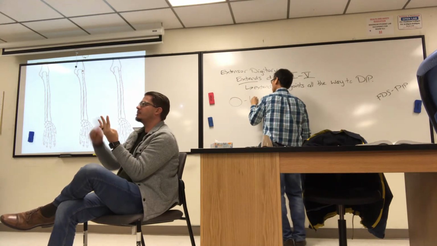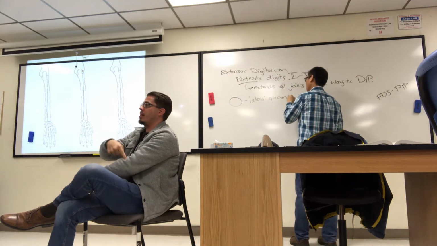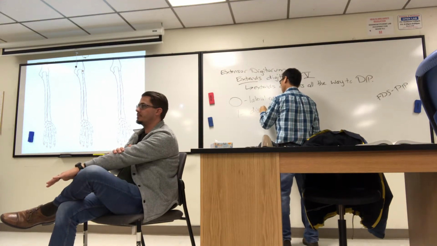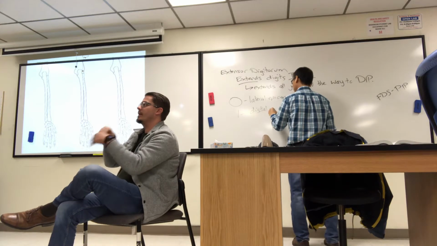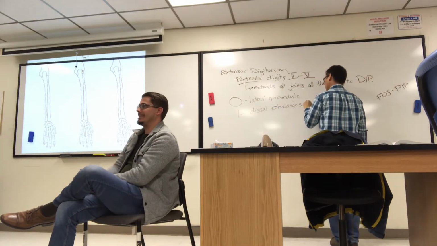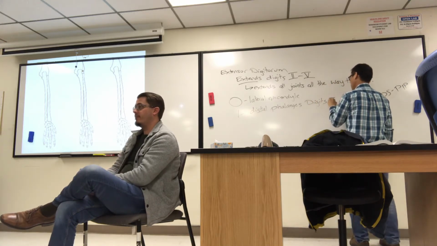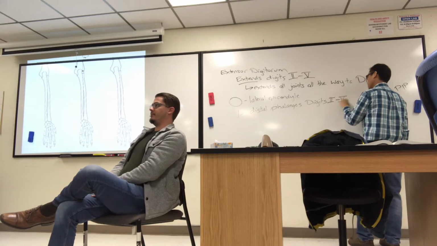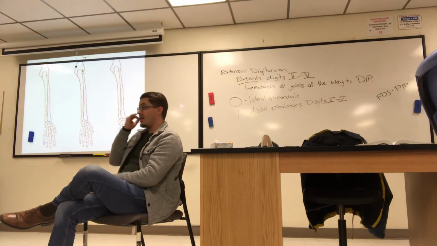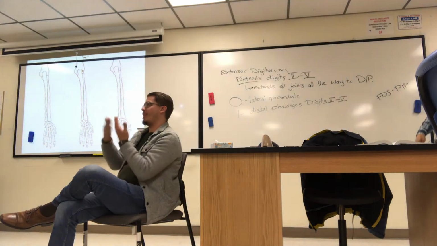lateral epicondyle. So it'll insert the distal phalanges. That's digits 2 through 5. And if you want to get more specific, you should say, you know, pretty much on the back, the dorsal aspect.